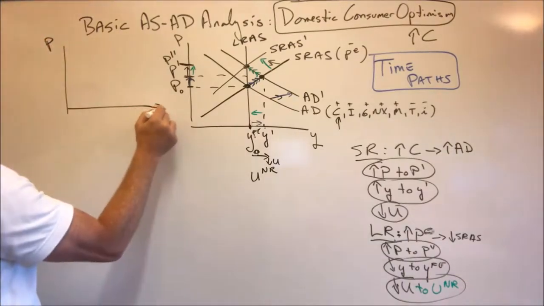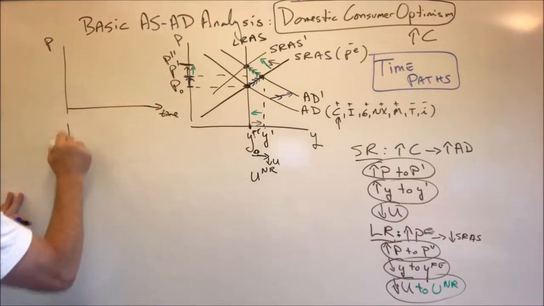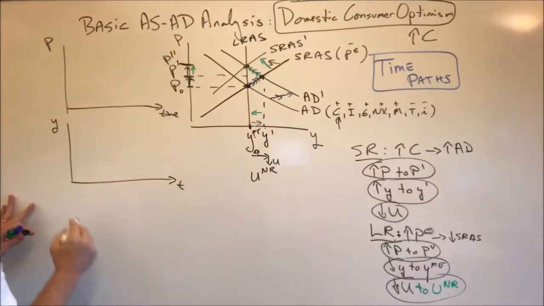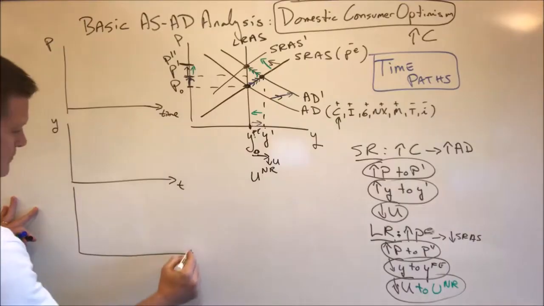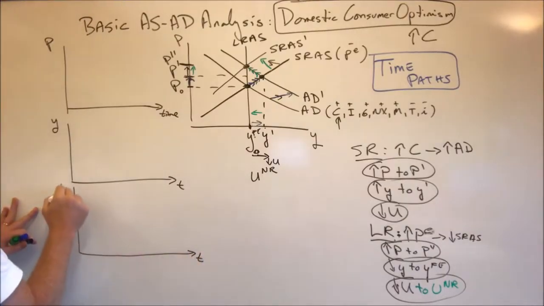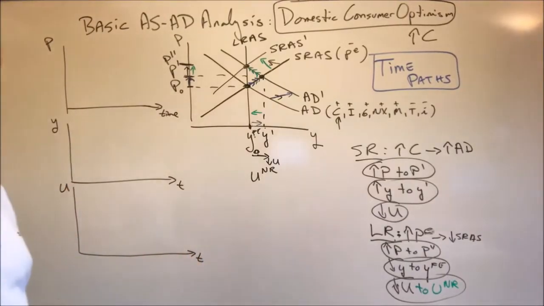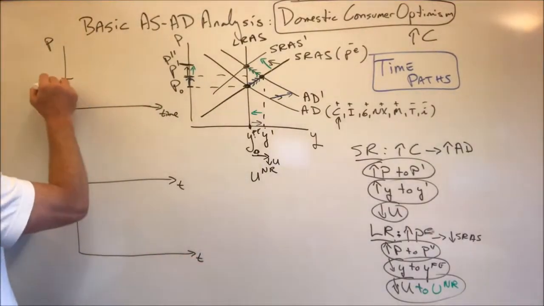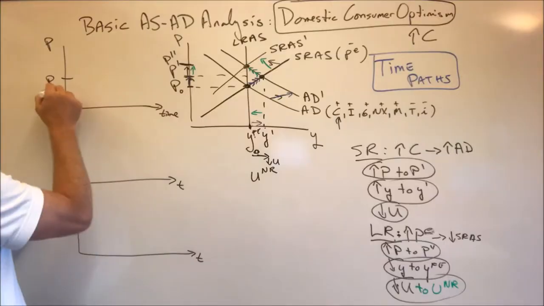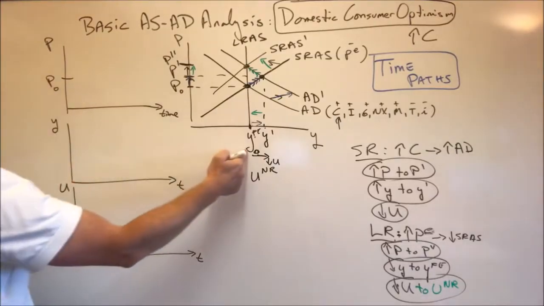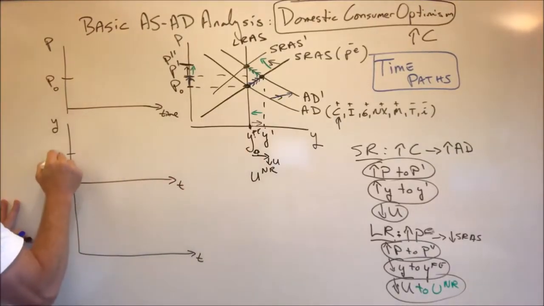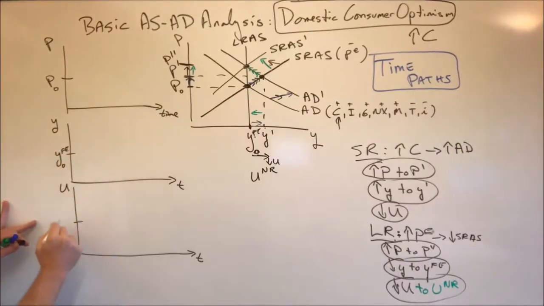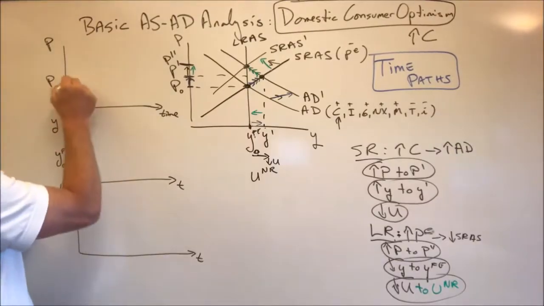Price level over time, output over time, unemployment over time. When we started in equilibrium, we were at some price level here, P naught. We were at some full employment level of output. And we were at some natural rate of unemployment.